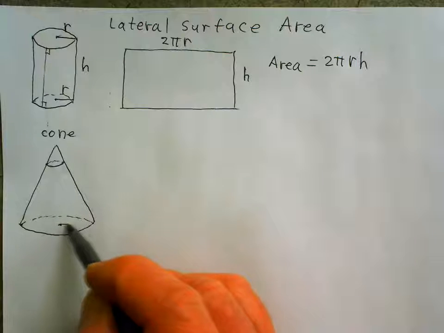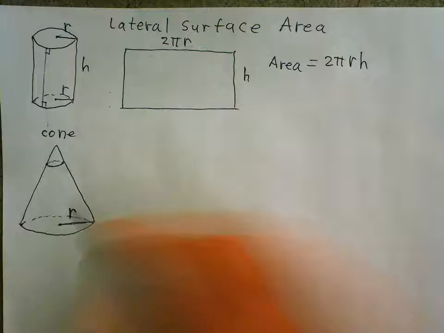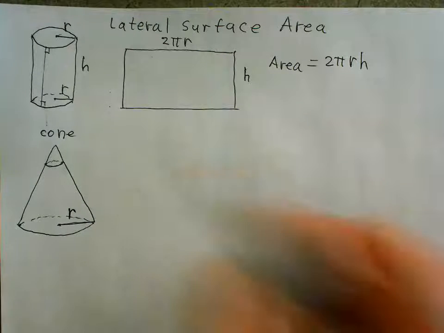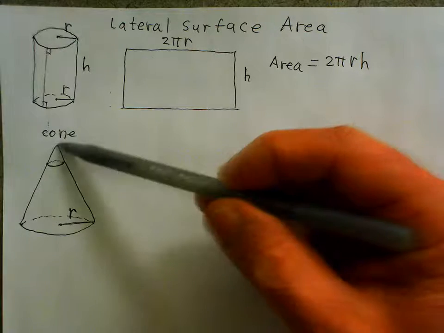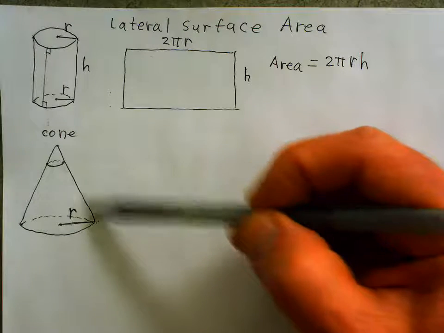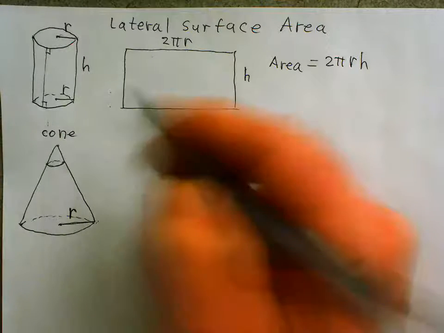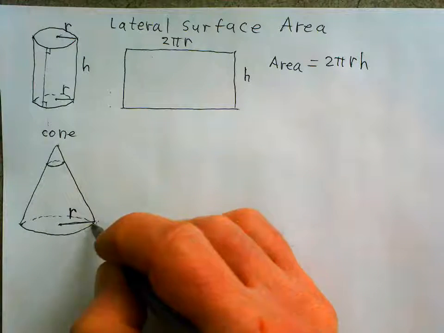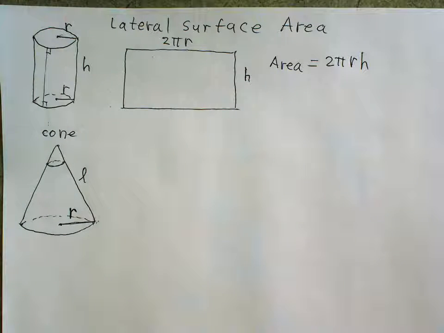We'll say that its radius is r. And the distance from the point of the cone to the other end, forming a right angle at the bottom, we'll refer to that length as lowercase l.